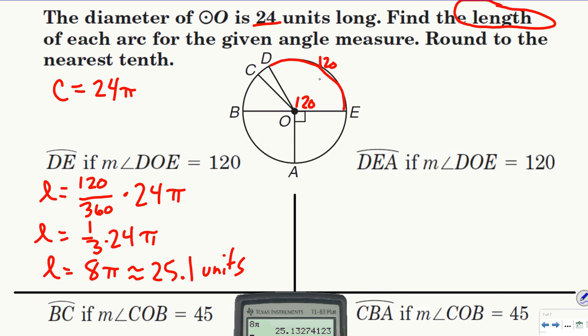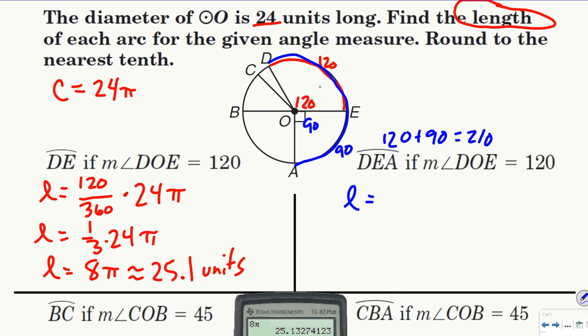So our second one: we still have that DOE is 120 degrees, but now we want to find the arc length of DEA. Piecing it together, we know this part's 120, this part's 90, so DEA is 120 plus 90, which is 210. So here our arc length is the fraction of the circle.